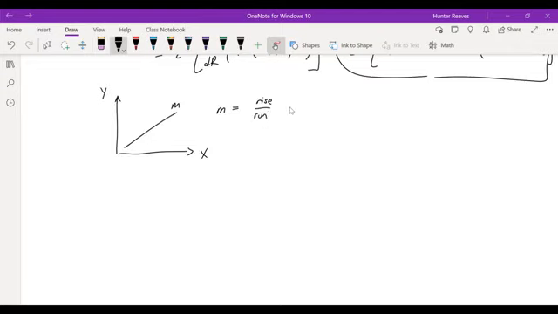So if you put something on the y-axis that has units of, let's say, coulombs, for some reason you plot charge on the y-axis and you plot distance on the x-axis, then the rise is in units of coulombs and the run is in units of meters, so that it's coulombs per meter.